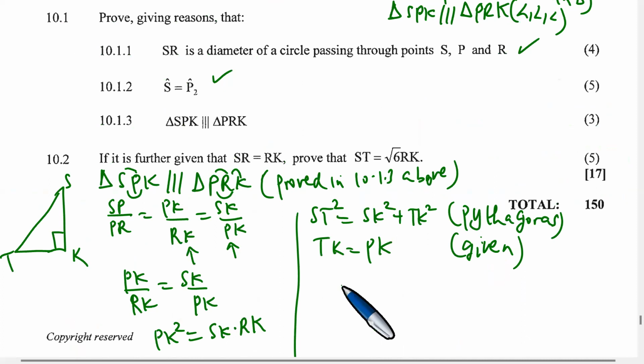So we can write that ST squared is equal to SK squared plus, what is the TK? TK is PK, squared.